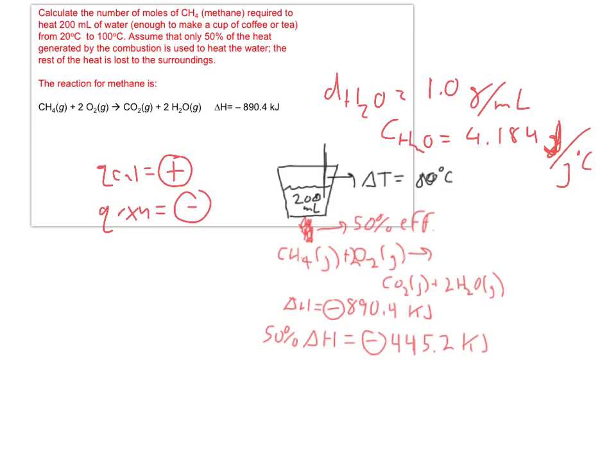So Q is equal to MCΔT. Q of the calorimeter is the mass of the water, which is 200 grams, times the specific heat capacity. And then the change in temperature is 80 degrees Celsius. Box that in.